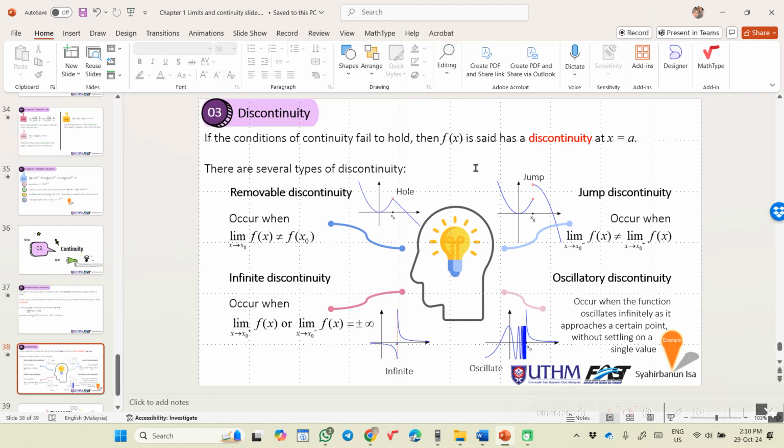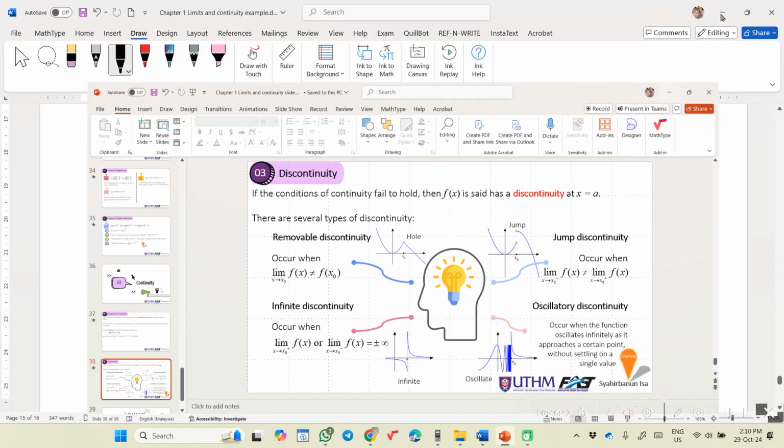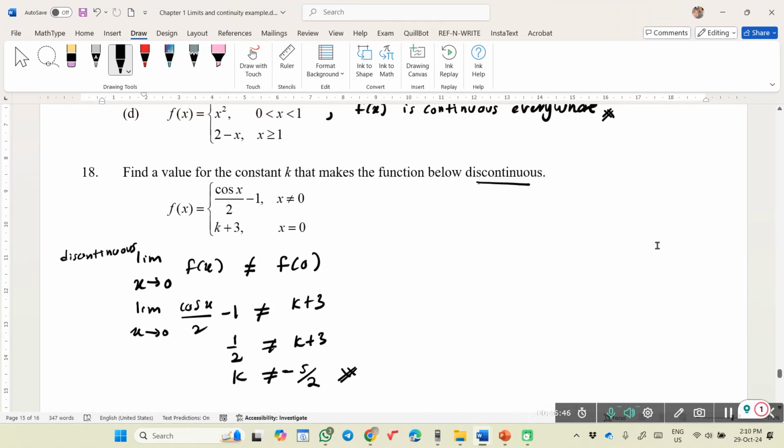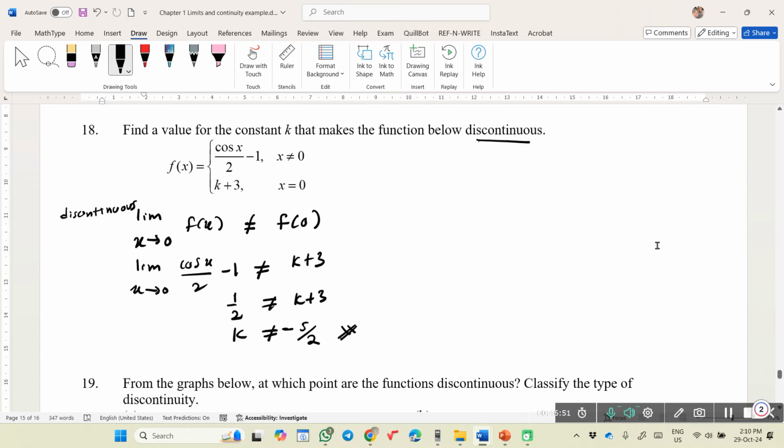You can determine the type of discontinuity if we have the graph or the function, if we sketch the function, and we know how to find the point of discontinuity using the limit condition. Okay, that's all. Thank you.